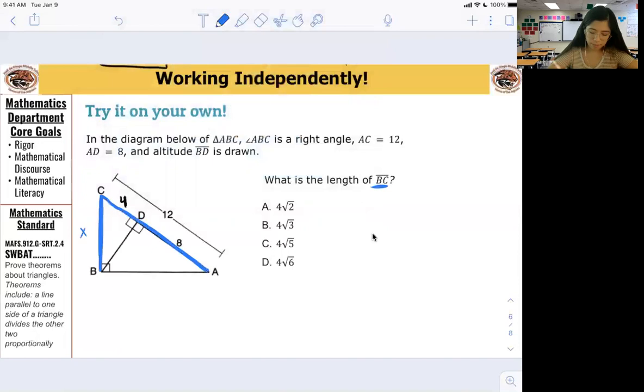Because of my little trick, I know x squared is equal to 4 times 4 plus 8. So 4 times 12. And like Perla said, yes, that's 48. X squared equals 48. Take the square root of both sides.